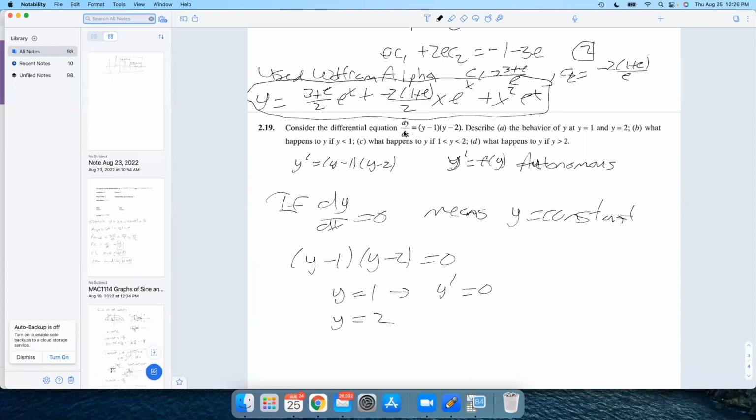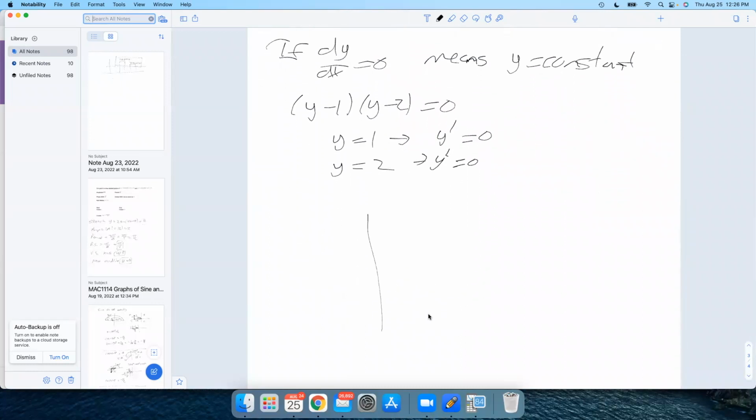Taking his derivative makes this side 0. 0 equals 0. Same thing here. So these are the constant solutions to this autonomous DE. So I could graph those solutions. Here's y equals 1. That's one of the solutions to this DE. Here's another one, y equals 2.